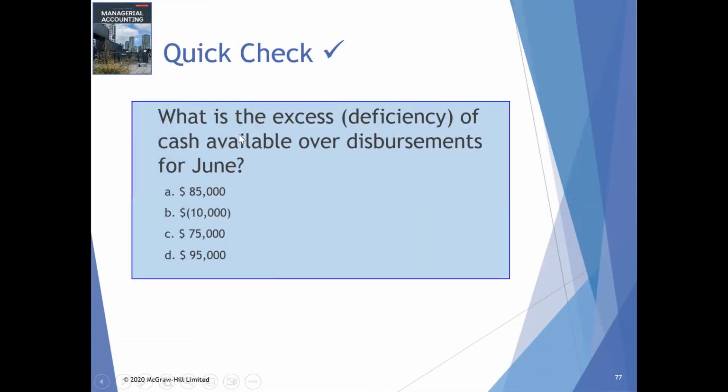Now look at this. What is the excess or deficiency of the cash available over the disbursement for June? For the month of June, this is what we are going to calculate here.